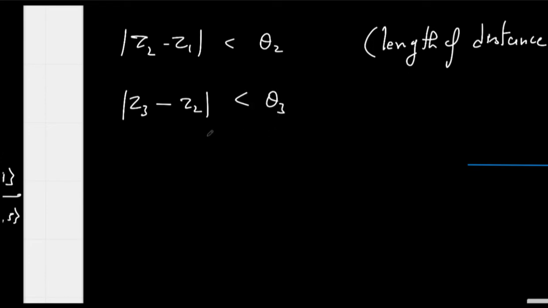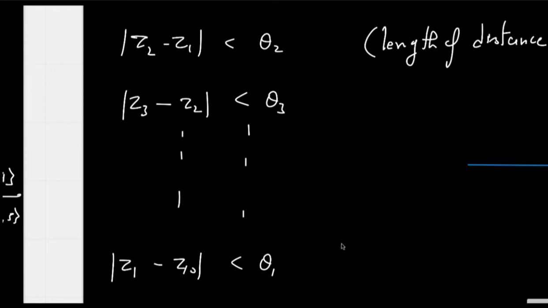So similarly, if we go vertically and write all this, in the last we find mod of Z1 minus Z10 is less than θ1. So if we add these, the sum is less than θ1 plus θ2.